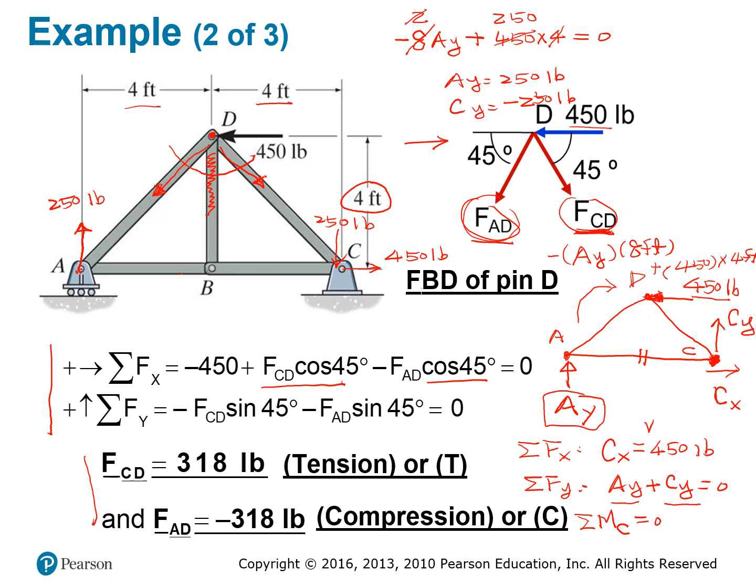F_AD comes out to be a negative number, so your actual load at this D here is actually going to be like this. So you have a compression here, you have a tension here, and this one is 0. This one doesn't support any of the load.